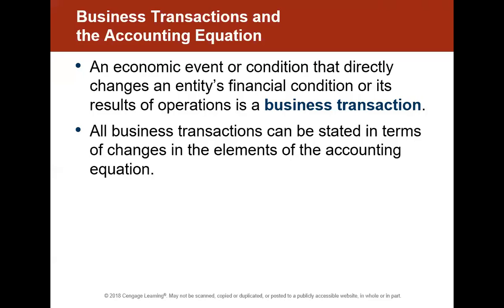So if I buy supplies on account, I don't pay cash, and then it's going to affect accounts payable. The PowerPoint goes through and defines these as we go, but I think it's better to set it up from the beginning too.